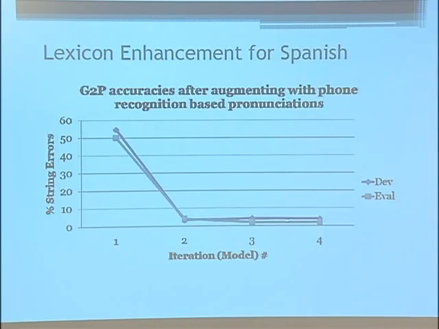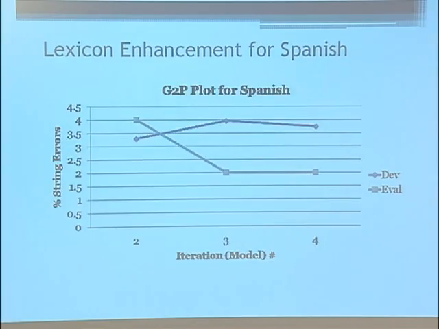The top blue line here is the accuracy on the dev data, which is tainted by the extra pronunciations we picked up from our iterative system. And the eval data comes from held out unseen data which came from the LDC lexicon. If we zoom into this graph a little, we see that performance on eval is much better than the performance on dev.